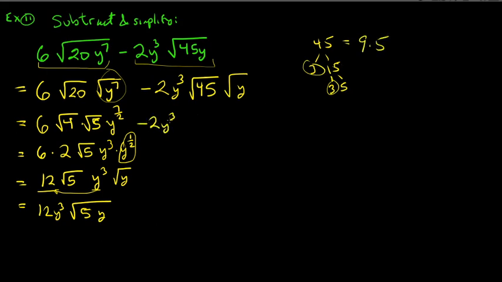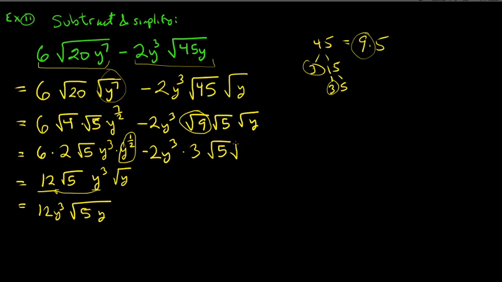So leave the first 2y cubed in front, and then split this up as the square root of 9 times the square root of 5 times the square root of y. Okay, so still have 2y cubed, and then the square root of 9 is 3. That was the point of writing this as the 3 times 3 as a perfect square. However, the square root of 5 is not a perfect square, so we have to leave that alone, and then the square root of y.